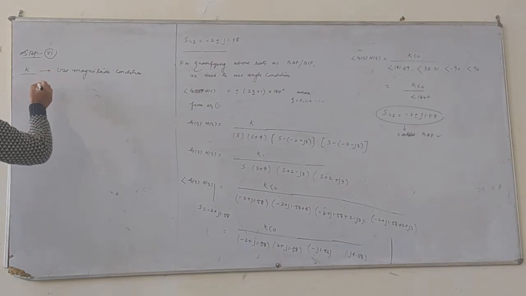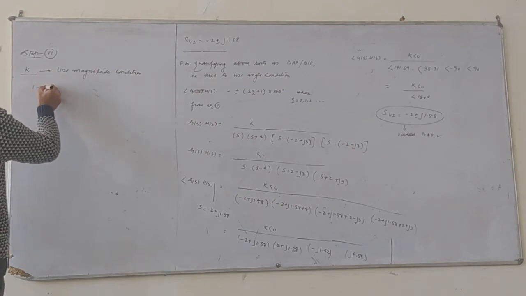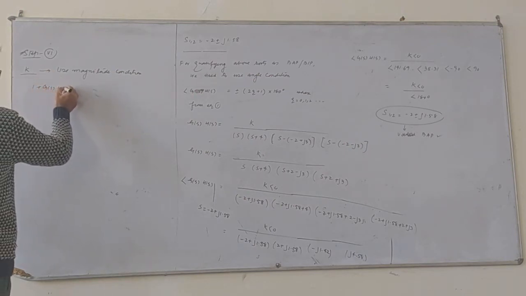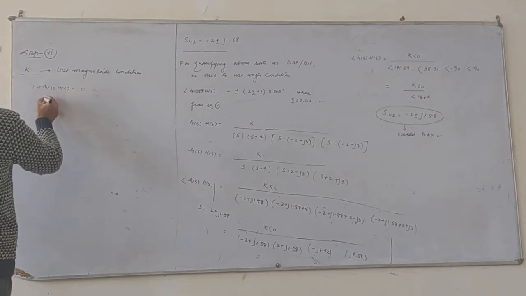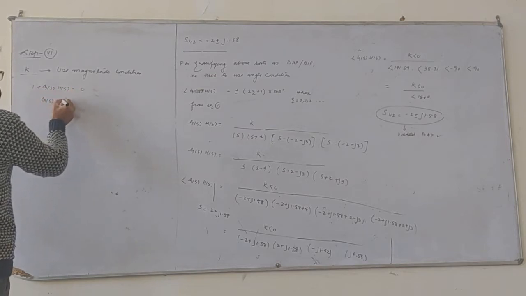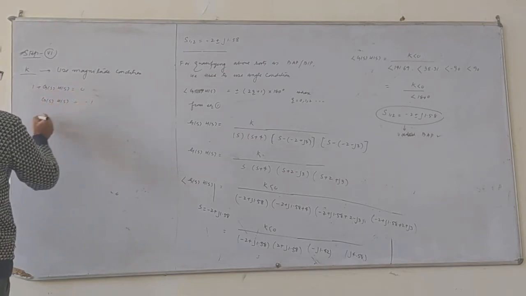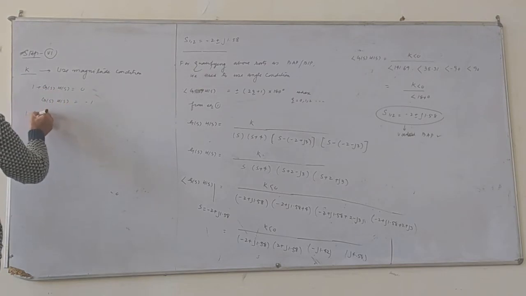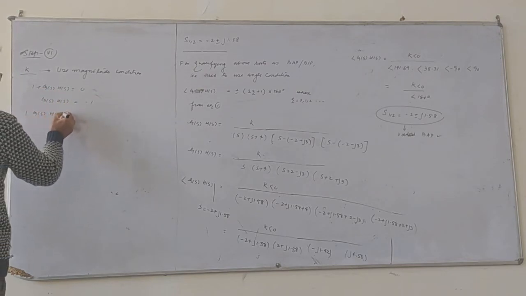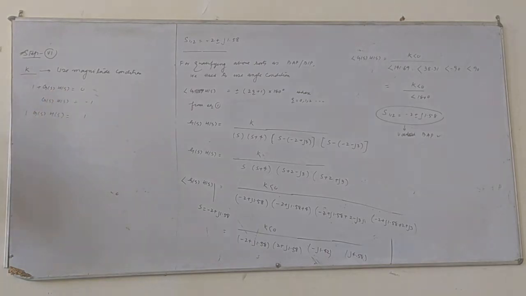So what is the magnitude condition? The given characteristic equation will be like this. So G of S, H of S will be equal to -1. Now we take the magnitude of this one, the magnitude is 1. So G of S, H of S is in front of us right now.